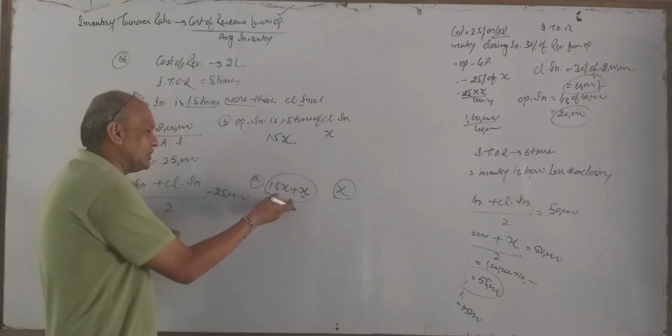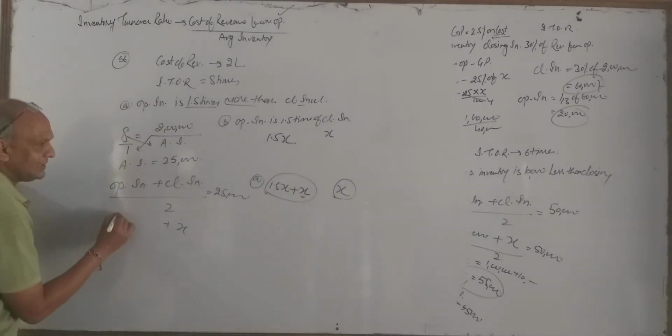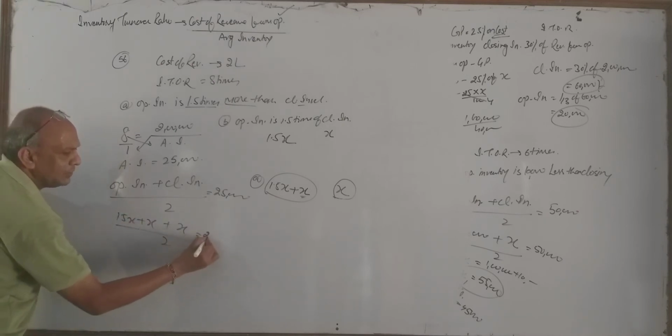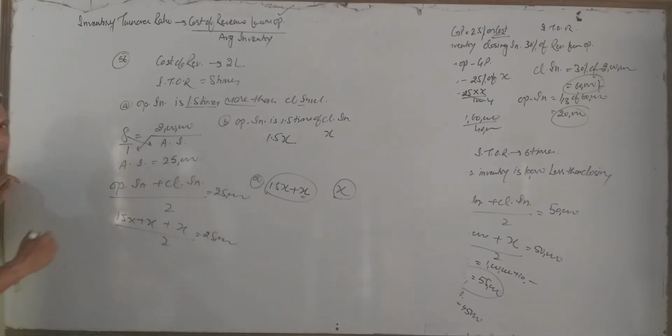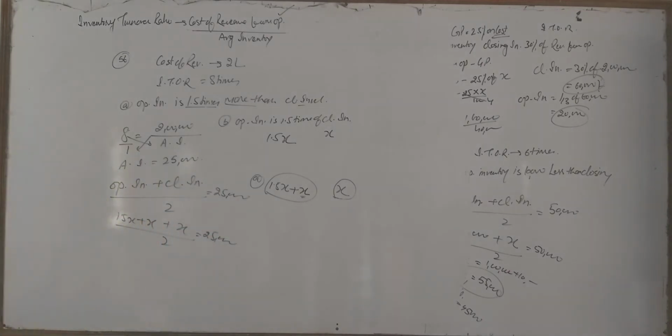Now this is closing, this is opening. Put the value over here. Closing is x, opening is 1.5x plus x, divided by 2 is equal to 25,000, and solve it. I think you understood. So in this way we have given these inventory turnover ratios of different nature.